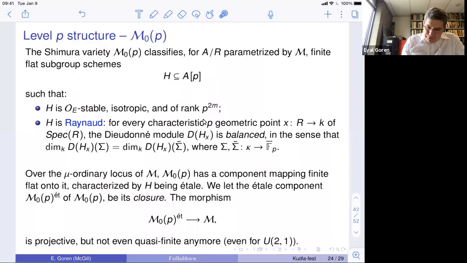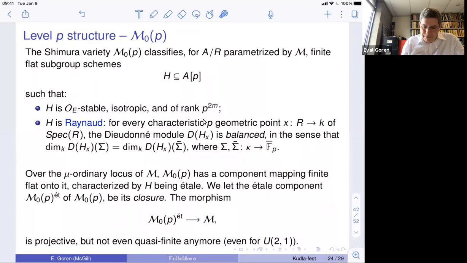So part of the data is rather obvious. You're taking H containing the p-torsion that is O_E-stable and isotropic. That's expected. But the rank here would be p^{2m}, where m is the smaller signature. So we're not attempting to get to the maximal possible.